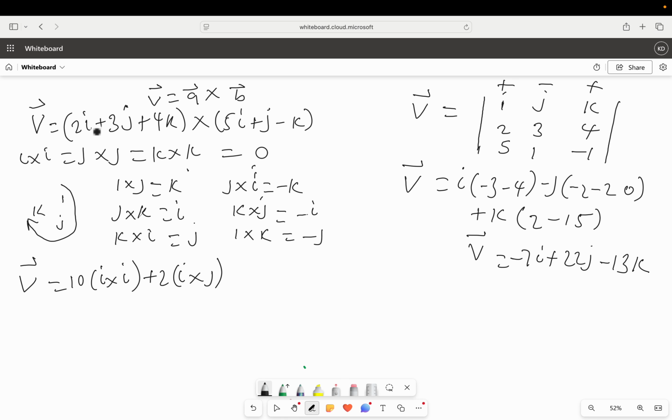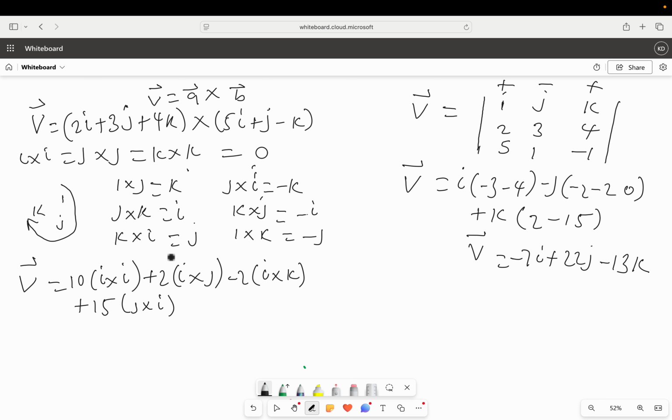Then for i, finally I have 2 times minus 1, so it will just be minus 2. Then I will have i cross k. Then I will start for j, so it will just be 3 times 5, so I will have plus 15. Then it is just j cross i.